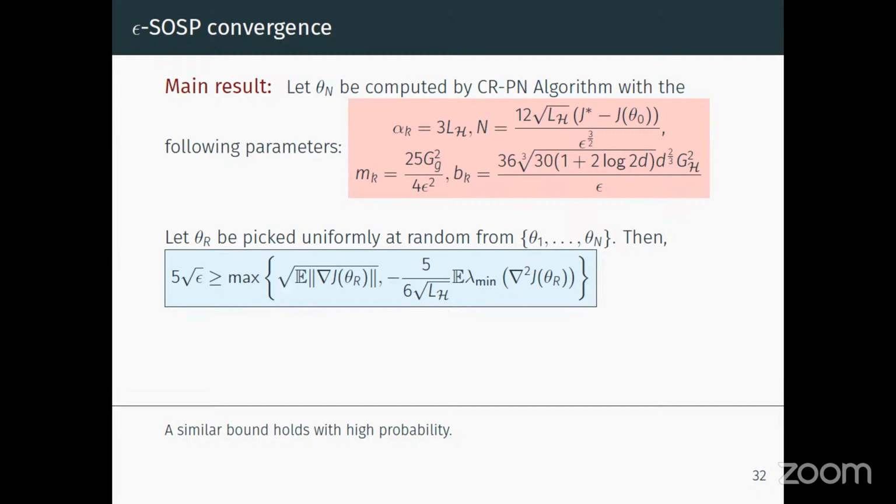That's the main claim. We also show that something like this holds with high probability. I'm not going to repeat this equation, but removing the expectation, that's in the paper. So you can show both high probability as well as expectation. In the high probability case, you put a log 1 by delta somewhere, and you'll get a 1 minus beta guarantee. That's that.